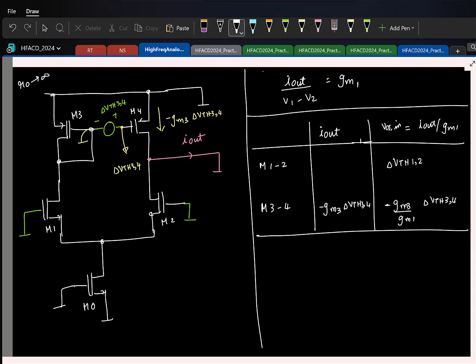Okay, so now we have got this. Let us write the expression for this. Input referred offset is delta VTH12 minus GM3 by GM1 delta VTH34. So again, I'm only interested in the standard deviation and variance. So if I take the mean squared of this, what you will have?